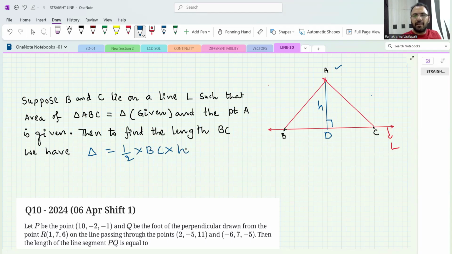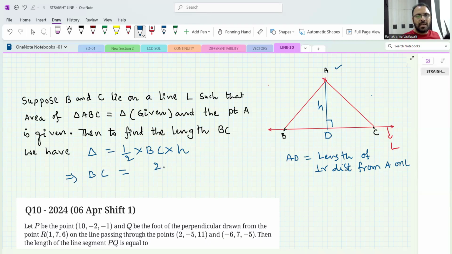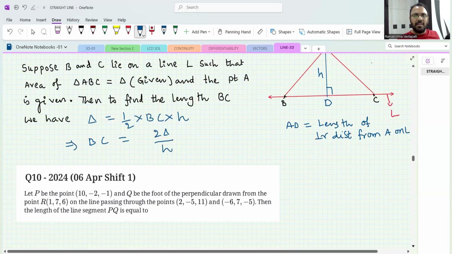Height is nothing but the length of the perpendicular from the point A to D. This AD is the length of the perpendicular distance from A on L. So from this, you can find that the length of BC is equal to 2 delta by H. Out of the three quantities BC, delta, H, if any two are given, it is easy to find the third quantity.